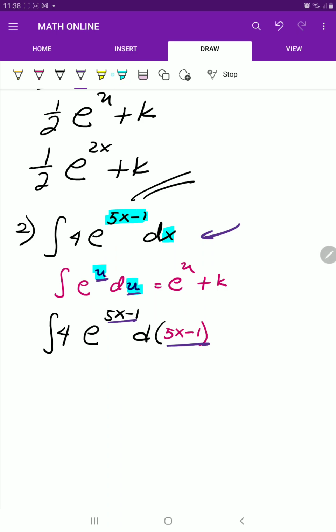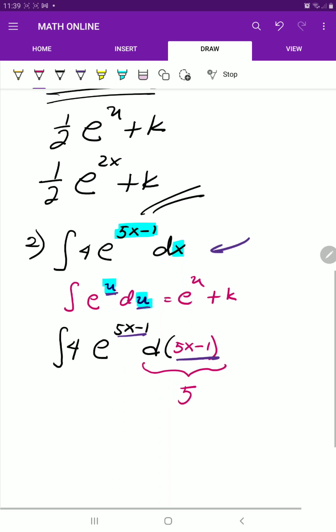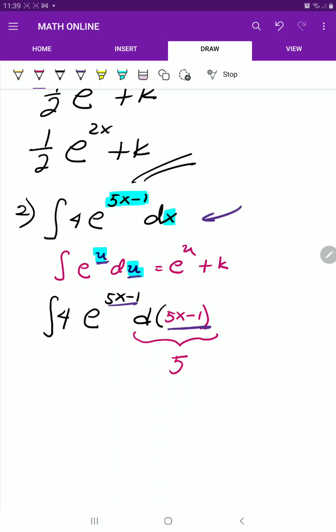As you notice, the derivative of 5x minus 1 is 5. So you need to get rid of that 5 over there. How will you get rid of that? You multiply by 1 over 5. Again, please don't get confused.